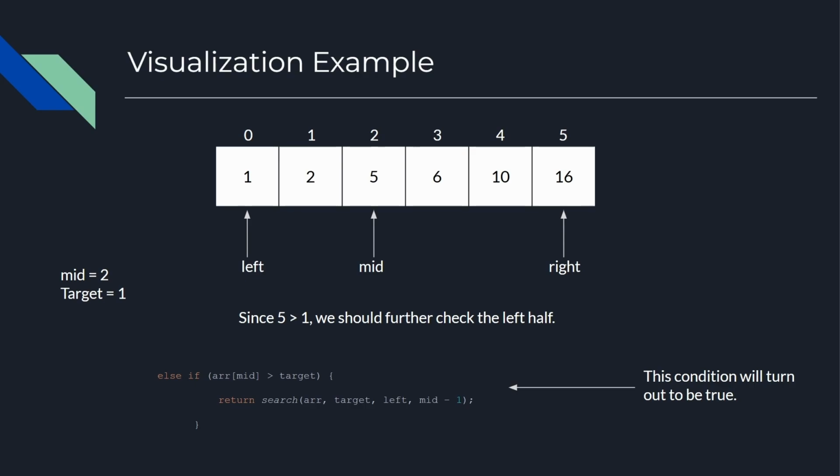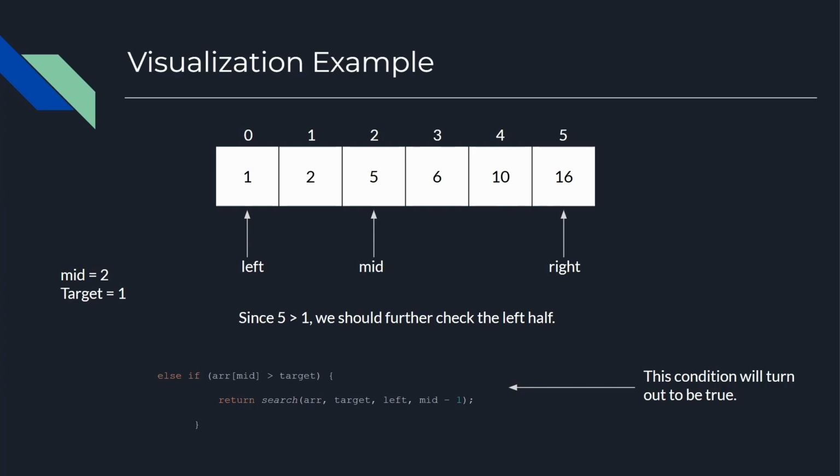Let's look at the visualization example below. For the following example, we can see an array with elements which are already sorted in a non-decreasing order. We can see the three variables left, mid, and right pointed to their respective indices. Left would point to 0 since all arrays start with the index 0.